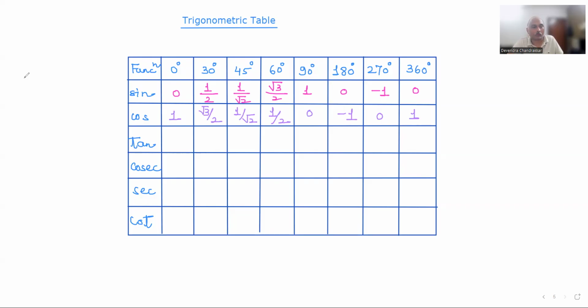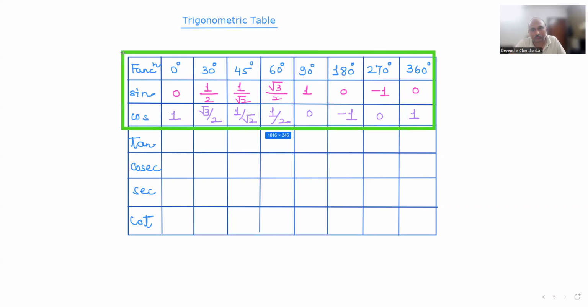Tan 0, अब देखो, the only thing which you guys need to remember or memorize is the first three rows. These rows. That's it. Rest are derived from the first rows. Tan 0 is what? Tan theta is sine upon cos.